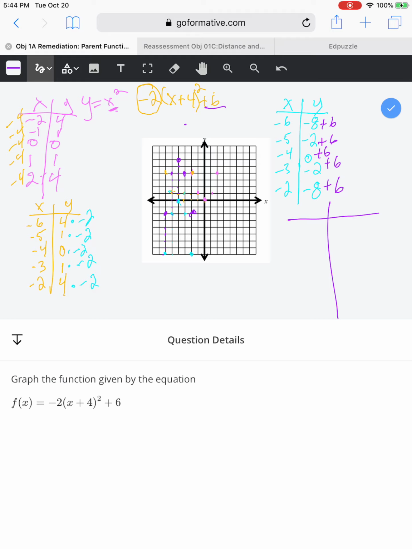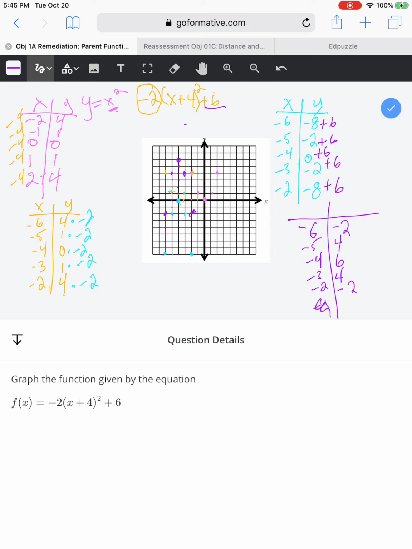So essentially my x's stay the same, -6, -5, -4, -3, -2, -1. -8 plus 6 is -2, -2 plus 6 is 4, 0 plus 6 is 6, -2 plus 6 is 4, actually I have 1 there, I have an extra point, sorry about that, and then I have a -2.